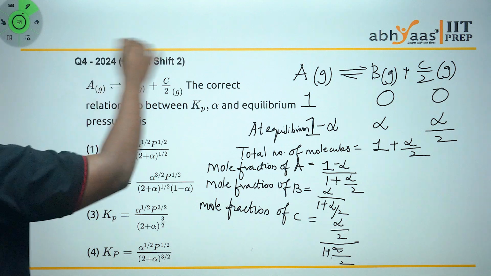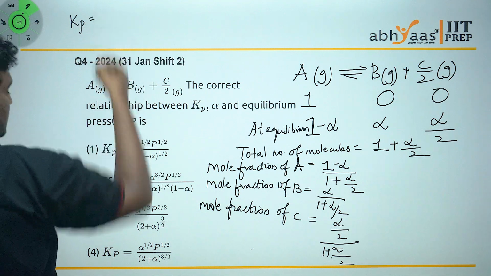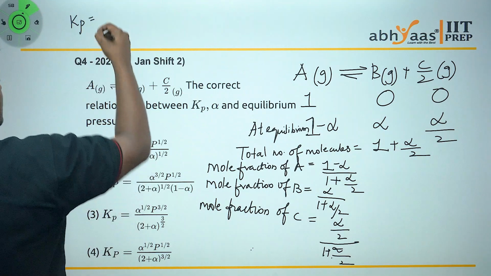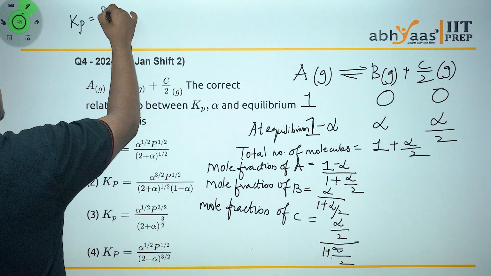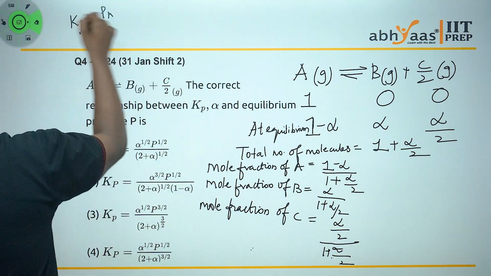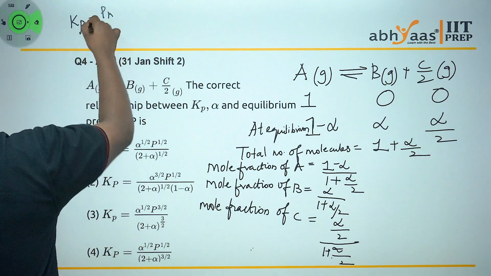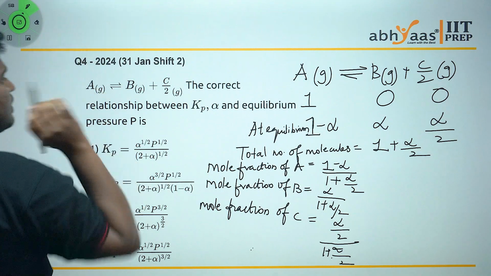So, I'm just writing at the top. Hope you don't mind. So, what is Kp? In this particular reaction, Kp is partial pressure of A. I'm sorry, first we have to write the products, right? So, what is the product?